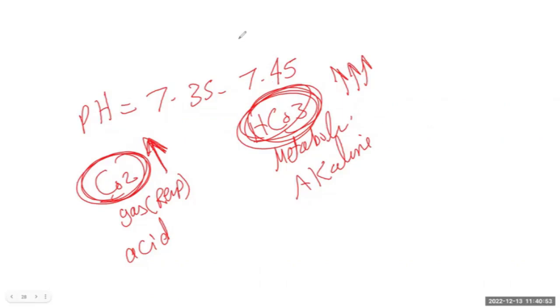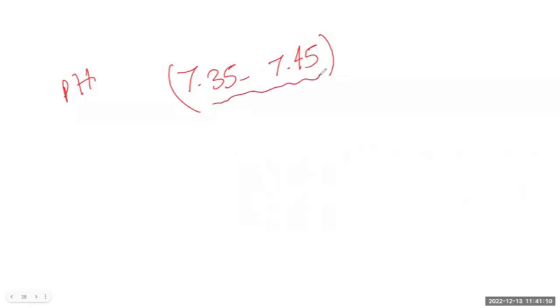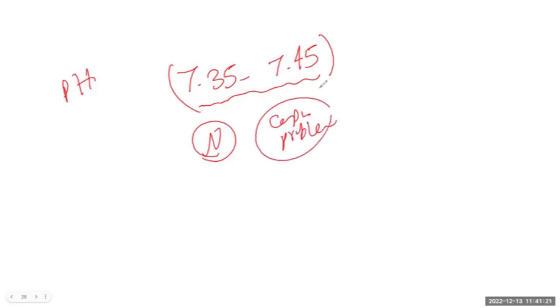So, at first, I will look at the pH level, which is 7.35 to 7.45. If this level is present, I have two things. Number one, it can be normal, or there can be a compensated problem. What is the meaning of compensated problem?